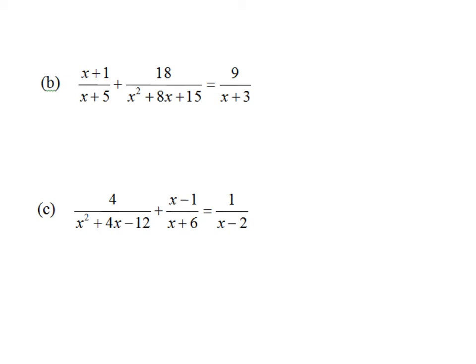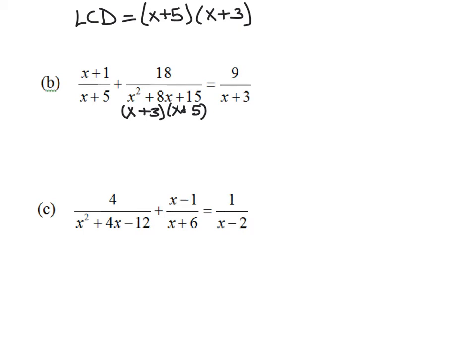So looking at example B, before I can find my least common denominator, I'm going to have to factor that second denominator. And I see that the factors are x plus 3 times x plus 5. So my least common denominator here has to have an x plus 5, but also has to have an x plus 3.